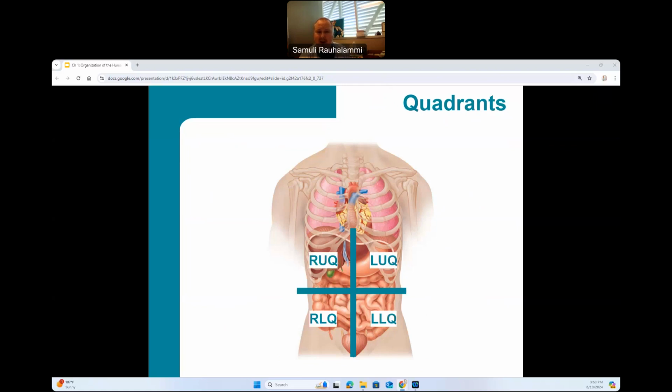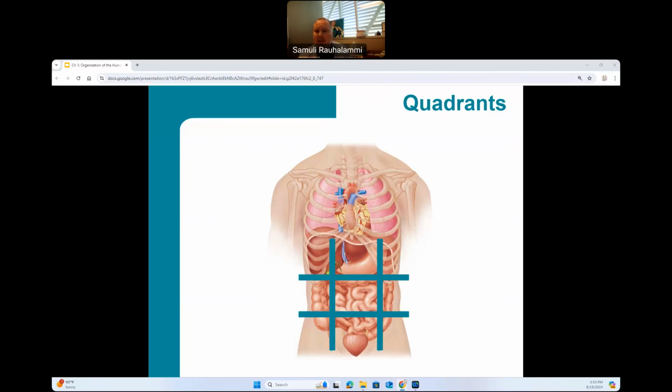For example, the liver is mainly within the right upper quadrant. The stomach, for example, is in the left upper quadrant. We would see the appendix in the right lower quadrant, and we could see the last parts of the large intestines in the lower left quadrant.